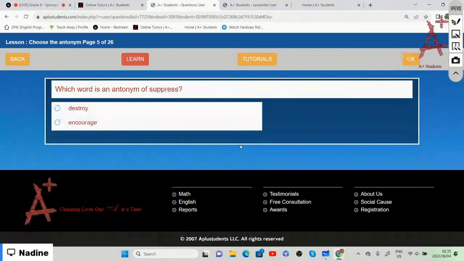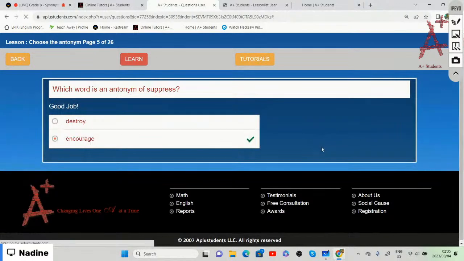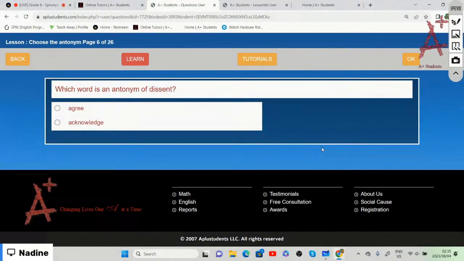So suppress basically is to bring something to an end, right? That is suppressing. So let's choose a word. If you don't suppress something, then it means that you are encouraging it.